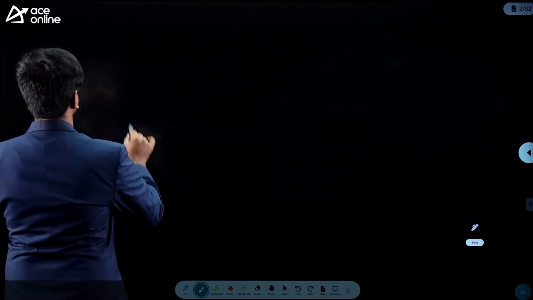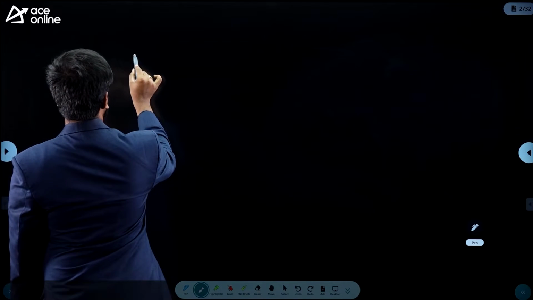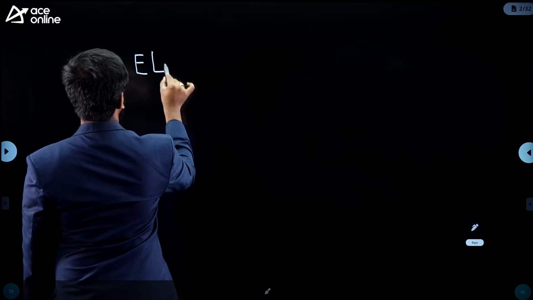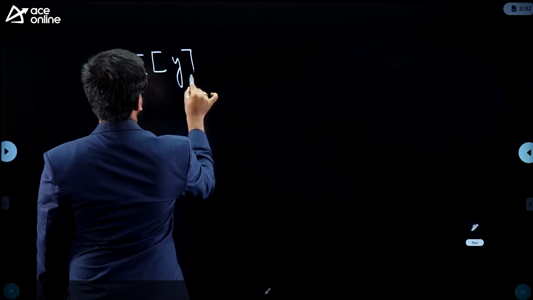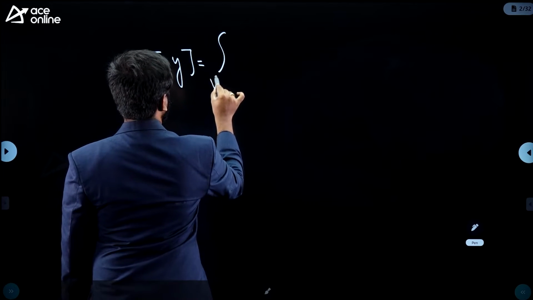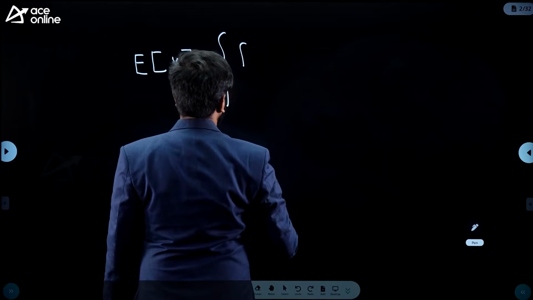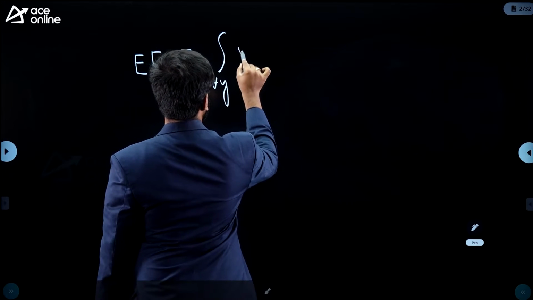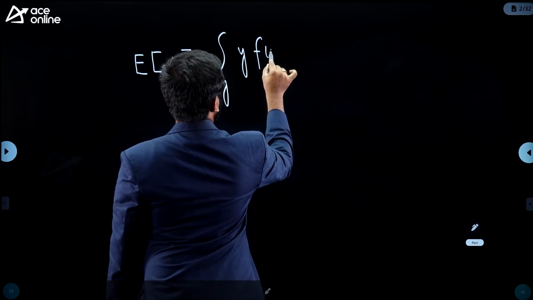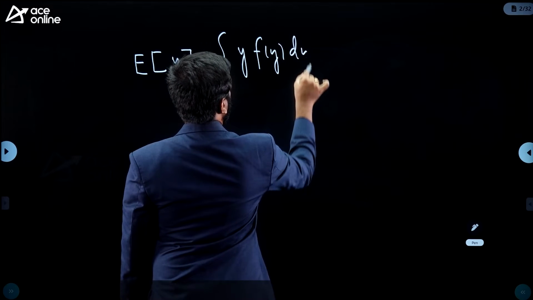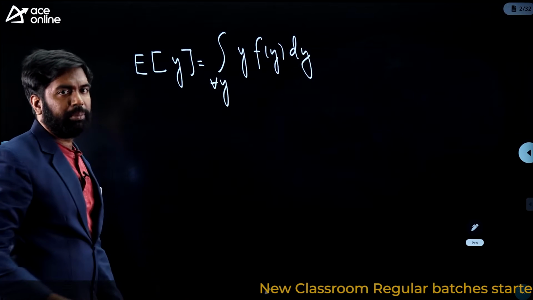So the procedure is, let's say you have a random variable y. How do you find the expected value of y? It is integration over all y of y into its probability density function, y into the probability density function of y, and then dy. You are all aware of this. So this is how you find the expected value of y.